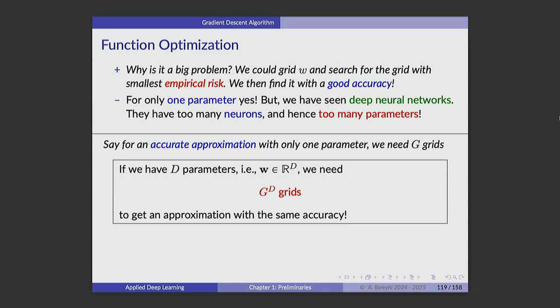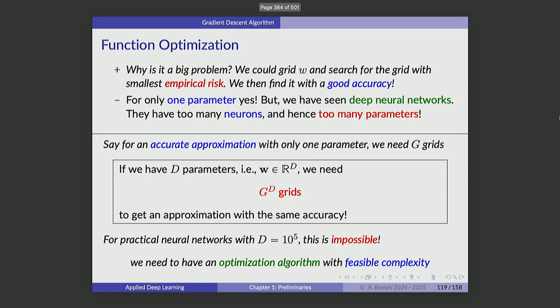You need to have g to power d, right? And this is exponential growth. This is what we call the curse of dimensionality, right? When things go linearly large in dimension, the search that you need to do is going exponentially large, right? And you can never, ever handle it, right? This is one of the highest orders of complexity you can think of.